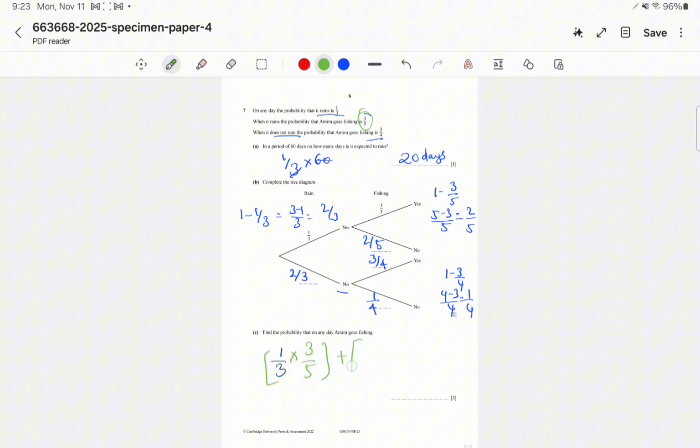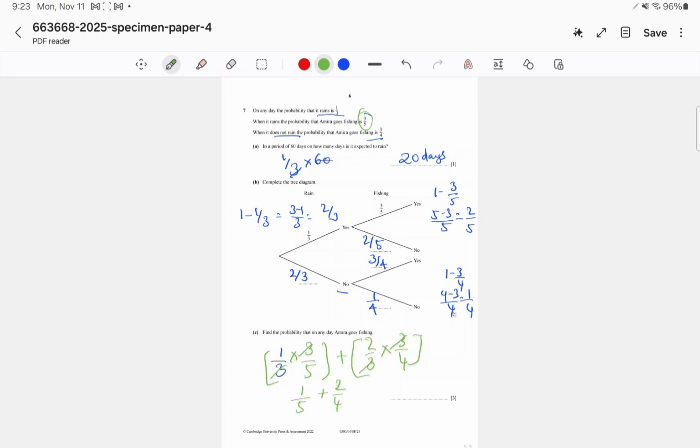Plus, one more probability is 2 by 3. If she goes fishing when it does not rain, then 2 by 3 into 3 by 4. So cancel these things, it is 1 by 5 plus 1 by 2.